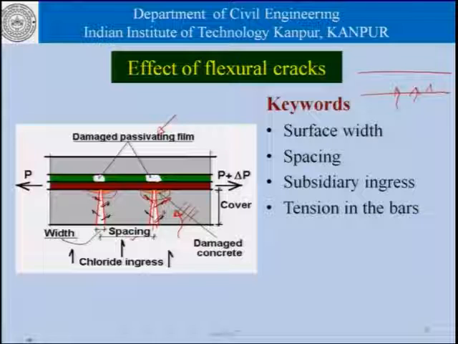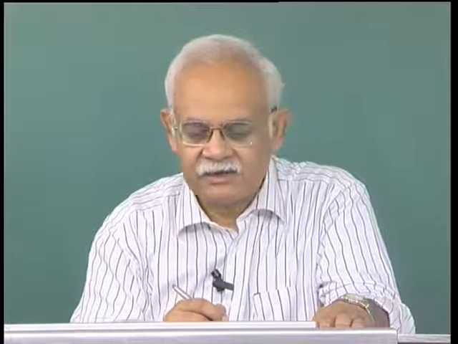The amount of corrosion that takes place on account of all this is also related to the extent of tension in the bars, that is, what is the tensile stress in the bars.